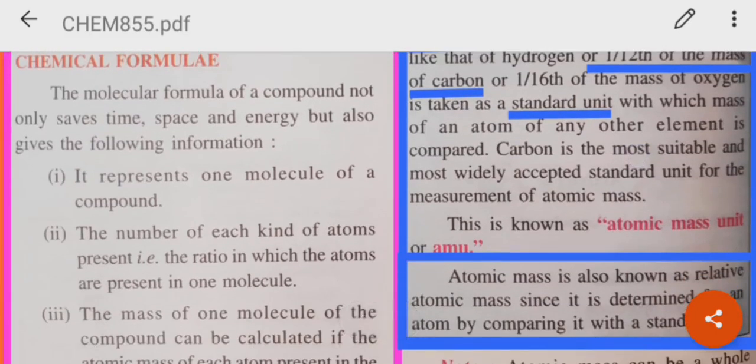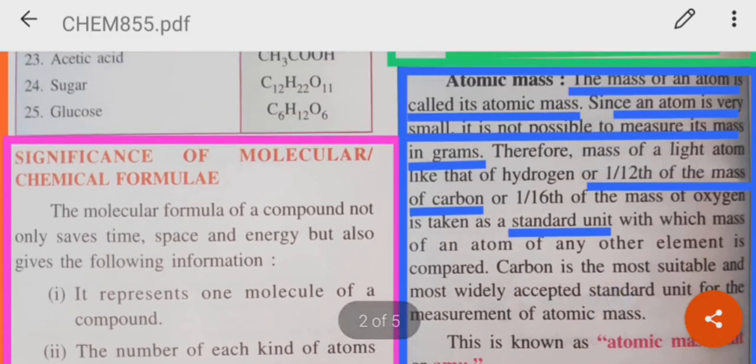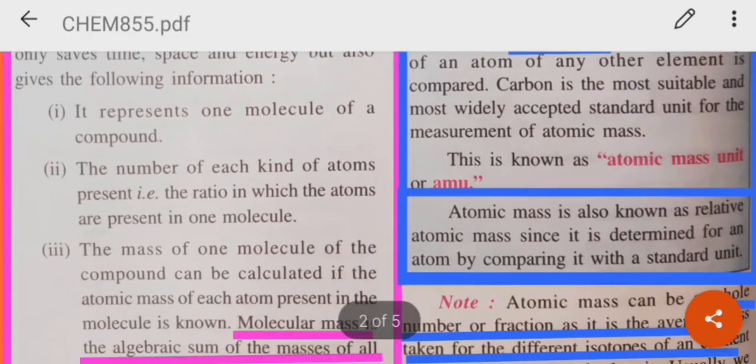So, this is known as atomic mass unit or AMU. So, what is atomic mass unit? The mass of an atom of any element compared with 1/12 of the mass of carbon, okay.